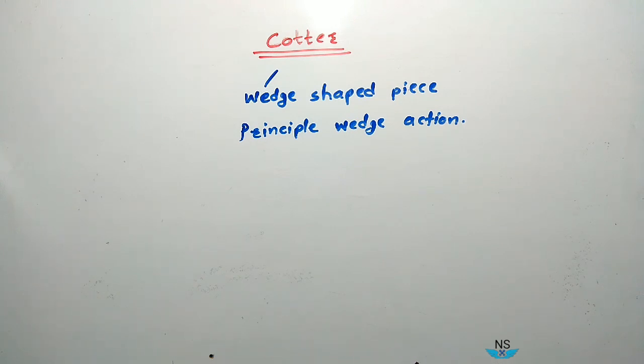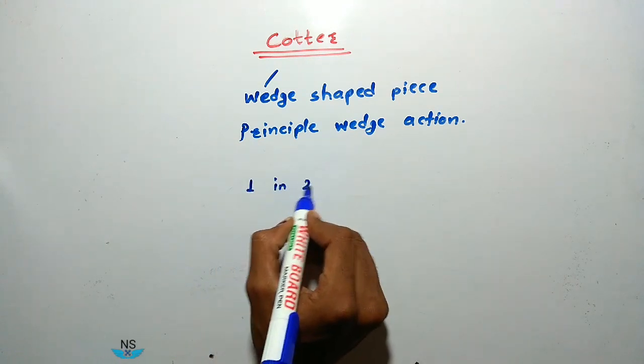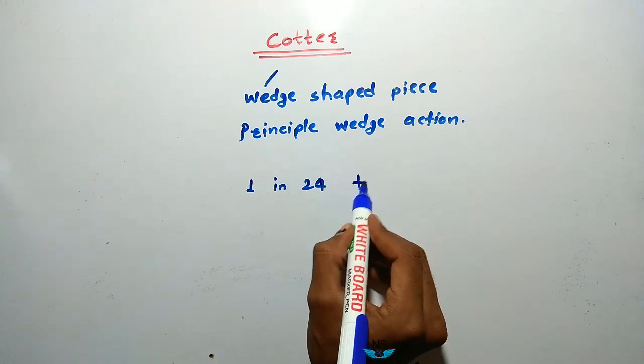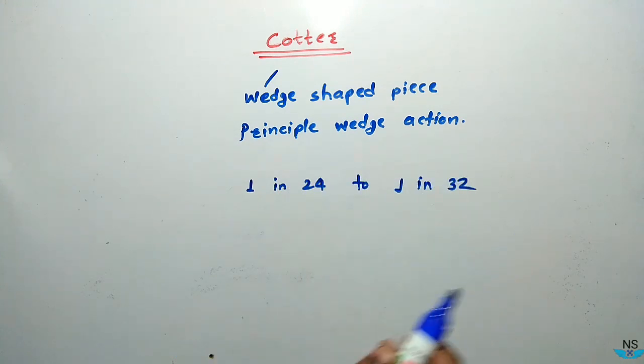Now why is taper provided on cotter? Cotter ensures tightness of the joint in the working condition and prevents loosening of the parts. Due to taper shape, it is easy to remove the cotter and dismantle the joint. The taper on cotter is usually 1 in 24 to 1 in 32.